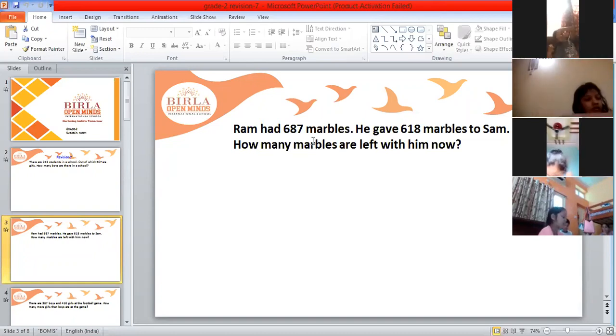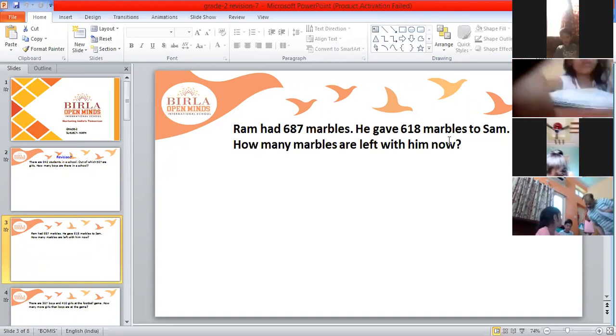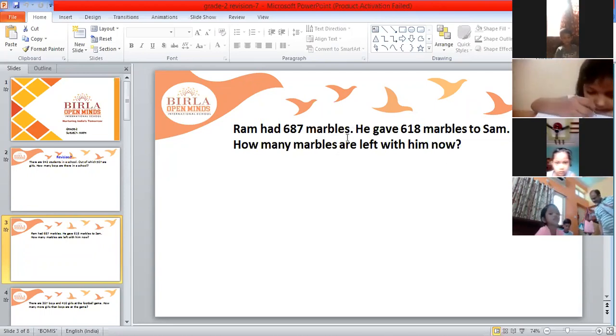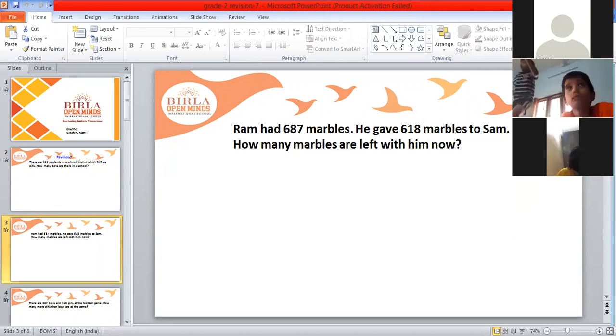Ram had 687 marbles. He gave 618 marbles to Sam. How many marbles are left with him now? Write down this word problem. You have to write this in a new page.